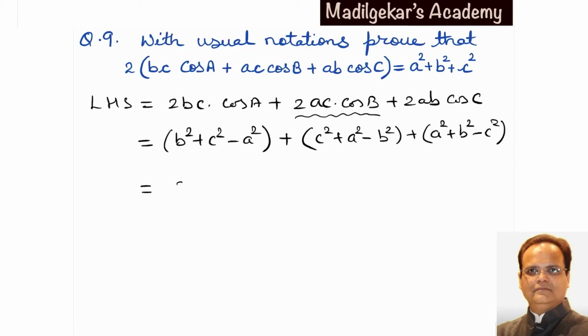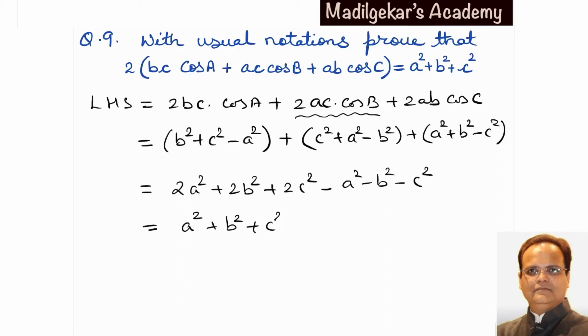So it gives 2a square plus 2b square plus 2c square minus a square minus b square minus c square. On simplifying, we get a square plus b square plus c square. Hence, proved.